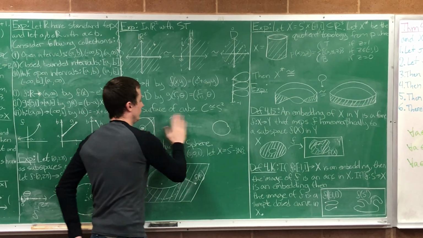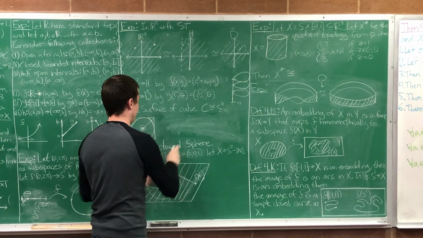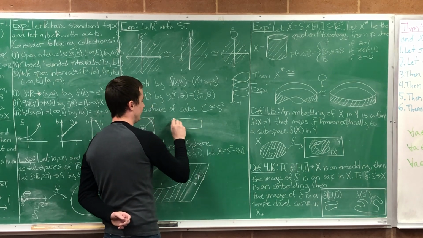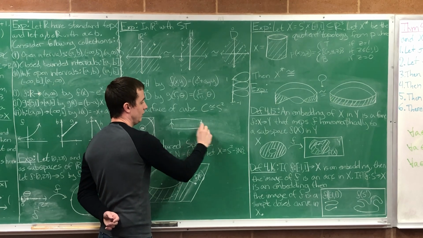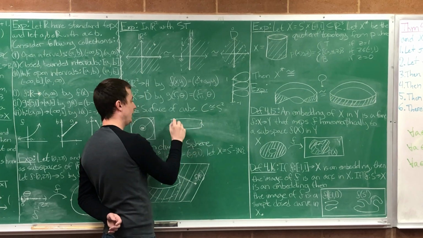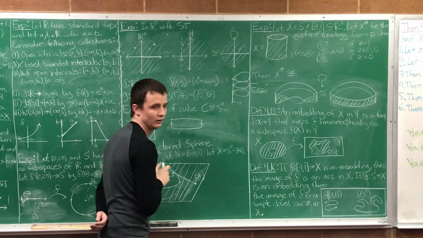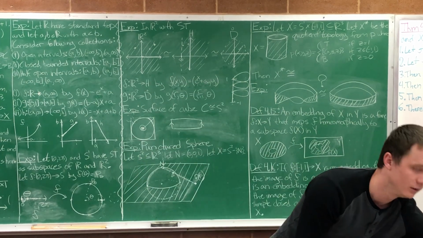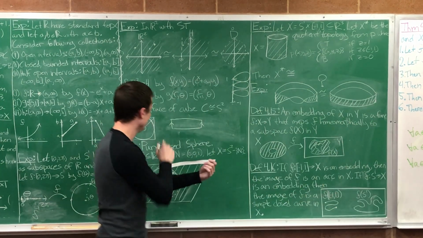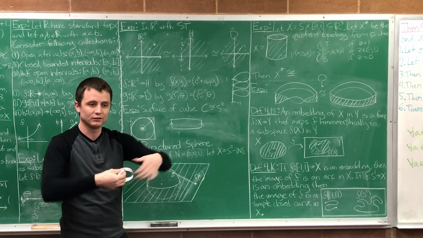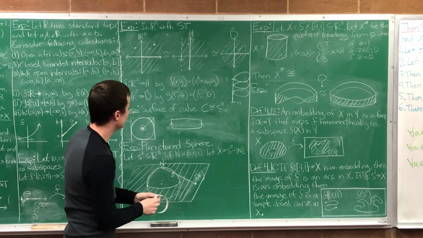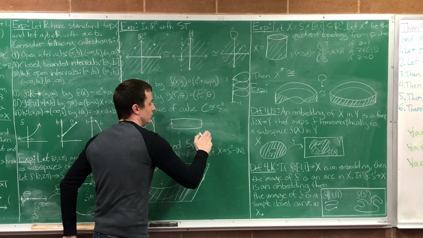You might have remembered doing one like this. So we've got some square like that. And I decided I'm going to identify all the points here with the points here. Every other point gets identified with itself. And that gave us a strip. And we said, well, what if we reverse the direction?